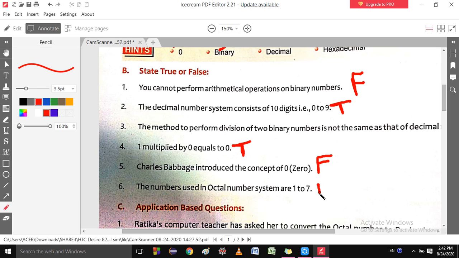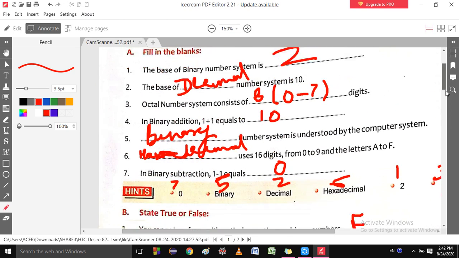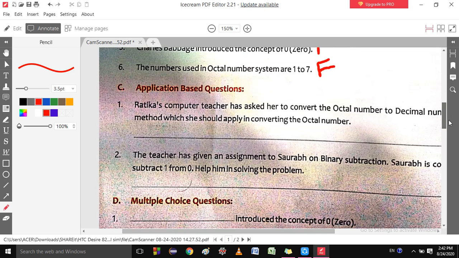No, this is false. The numbers used are from 0 to 7. So that's why this is false. So I have cleared the two things: true and false, and fill in the blanks. Next, application based questions.